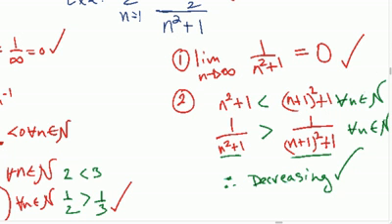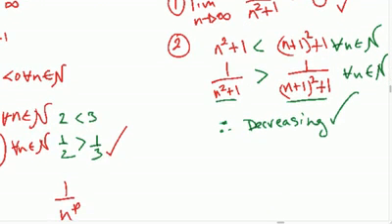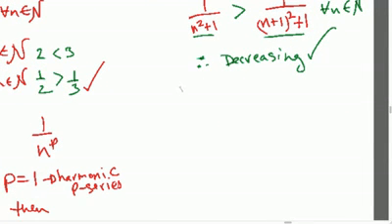So now we look at just the 1 over n squared plus 1. And you could do a few tests for this one, limit comparison probably. I'm going to do the integral test just to show you that you can do the integral test here. It is a positive sequence.